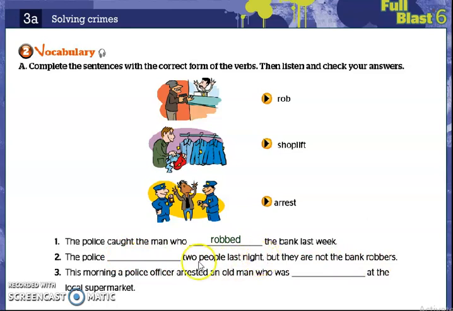Also, we use the past of the verb arrest, so the police arrested. Number 3, this morning a police officer arrested an old man who was shoplifting at the local supermarket. Here we notice that there is the verb was, verb to be in the past, so we use shoplift in the past continuous or past progressive, so we add ing, shoplifting.